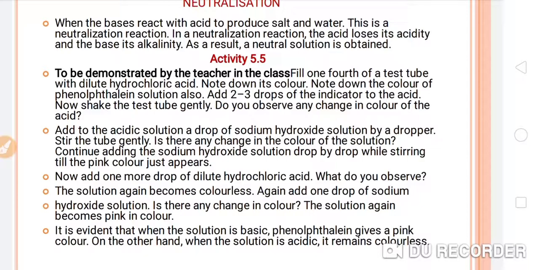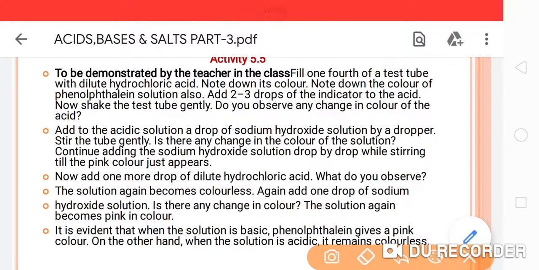Fill 1/4 of a test tube with dilute hydrochloric acid. The chemical formula of hydrochloric acid is HCl.